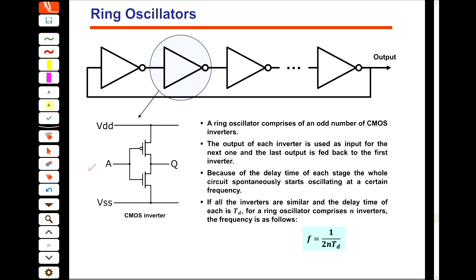So the frequency is coming from this formula, where N is the number of stages, and TD is the inherent delay of the NOT gate. Okay.